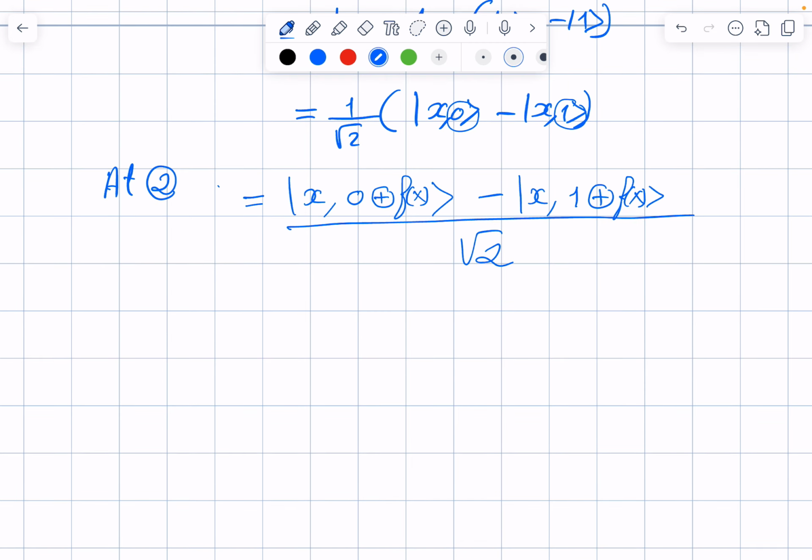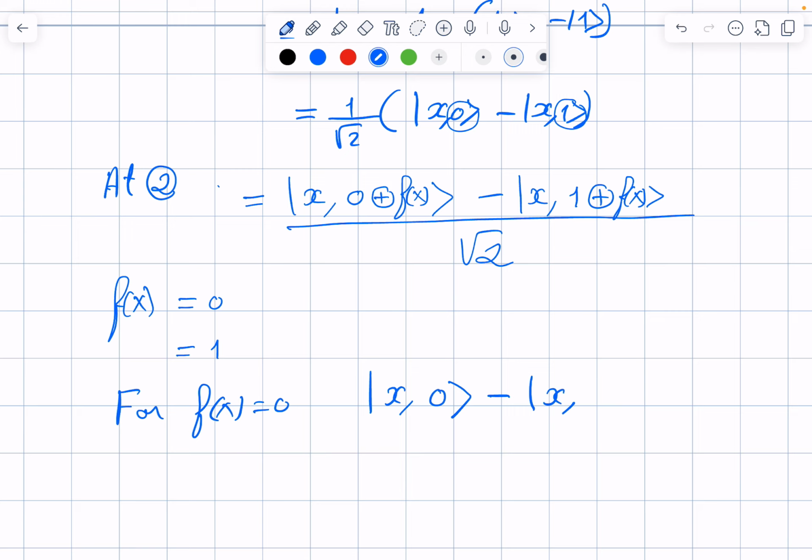As we said before, f of x could be either 0 or 1. Let's take the two cases. For f of x equal to 0, what do we have? We have x 0 XOR 0, 0 XOR 0 is 0, minus x 1 XOR 0, which is 1, over square root 2.